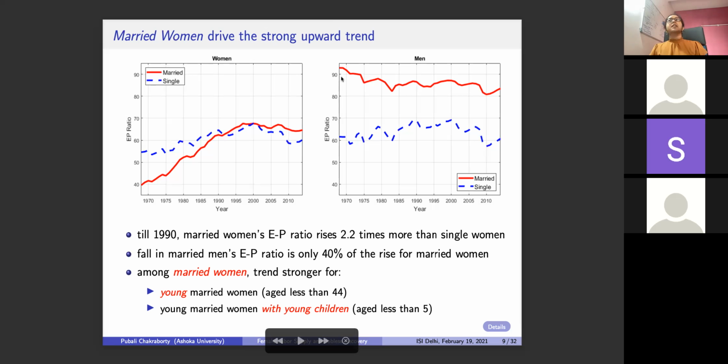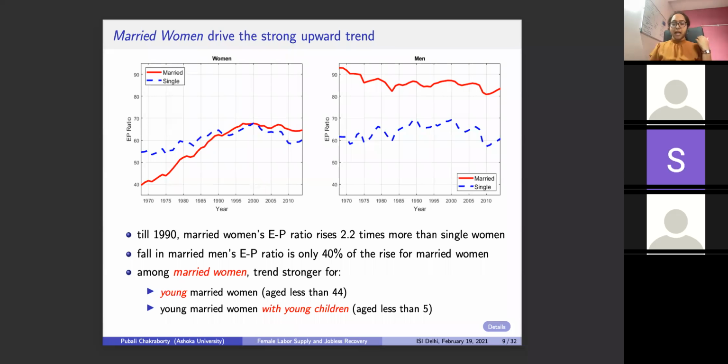For men, there has been a decline in terms of the employment to population ratio. However, the decline has not been as much as the increase that has taken place for married women. And this is important because if, over time, the increase in labor force participation by married women just meant that married men were reducing their labor force participation at the same rate, then in aggregate there wouldn't be much of a difference.